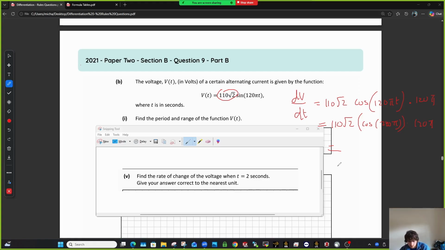110 root 2 multiplied by cosine. Make sure your calculator is in radian mode, obviously. And multiply by 120 pi. Okay. Have I done that right? Oh yeah, no. It seems to have a bit of a mad number here, but it probably is.